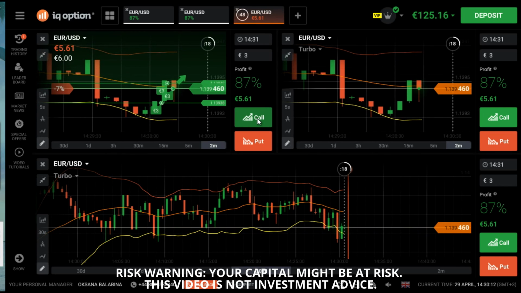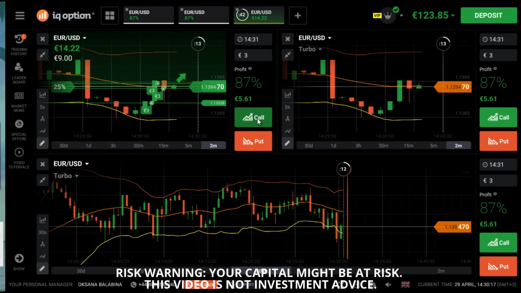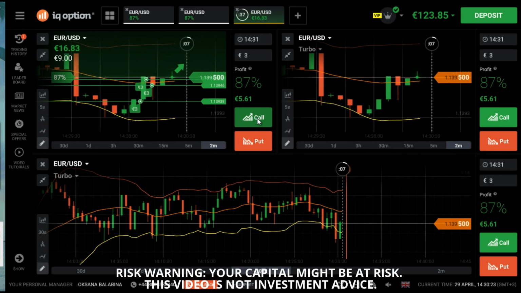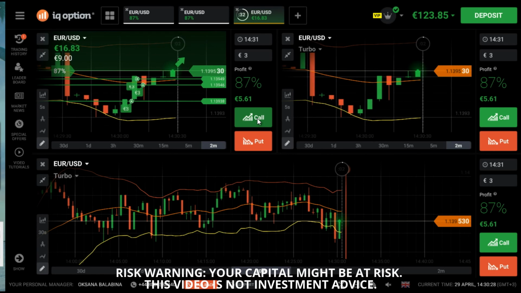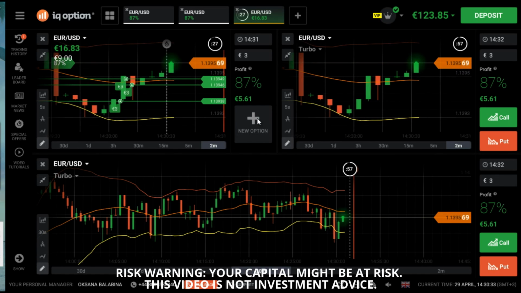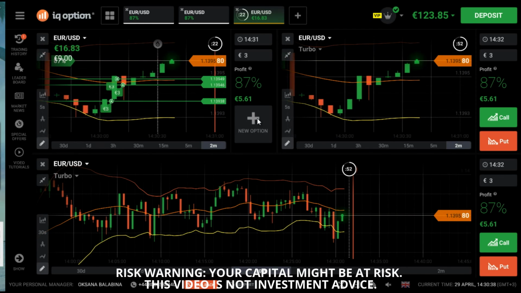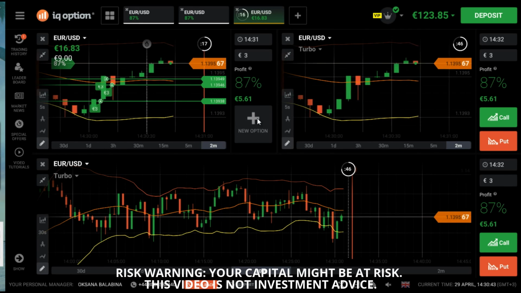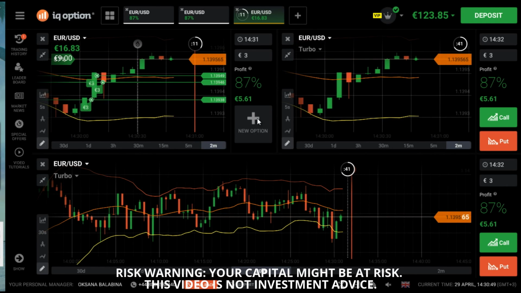So I place the reversal on the first window. It's working.